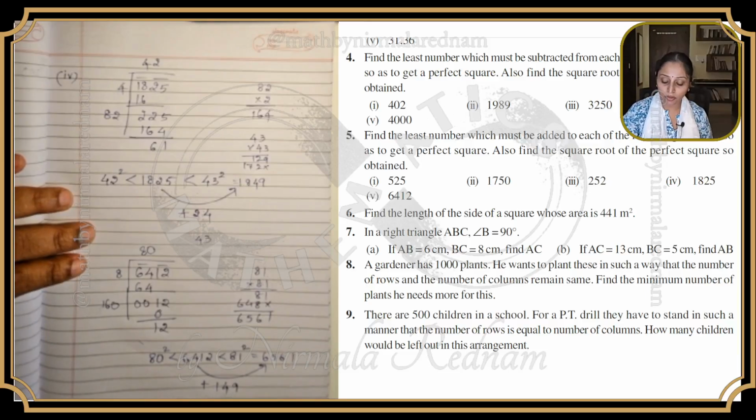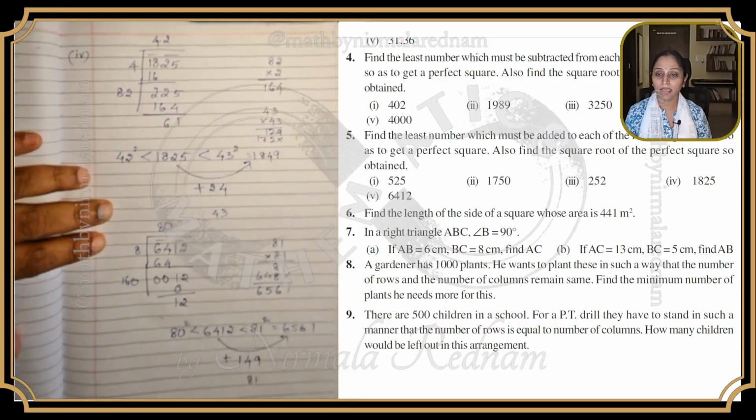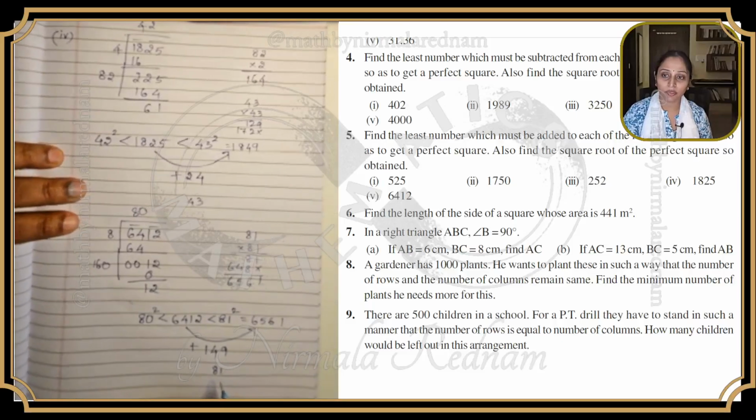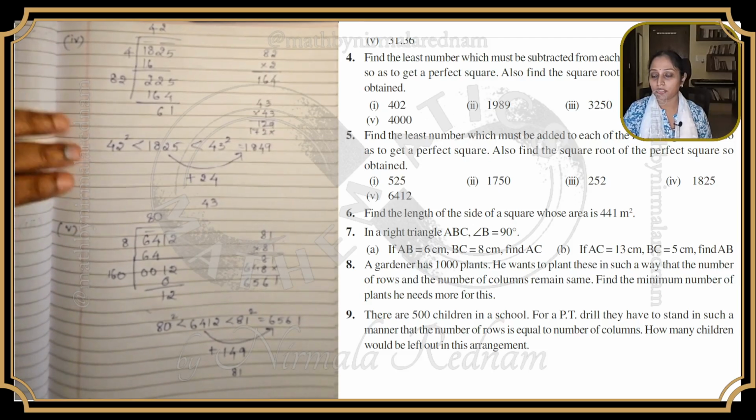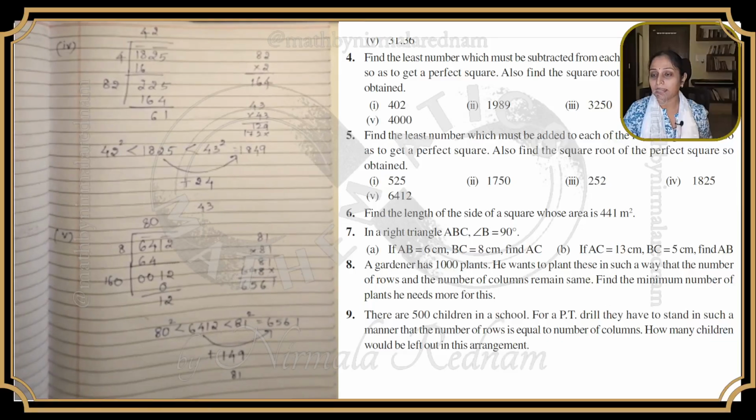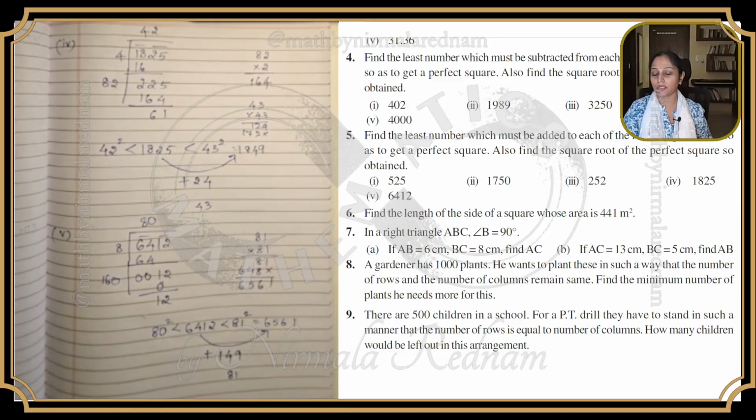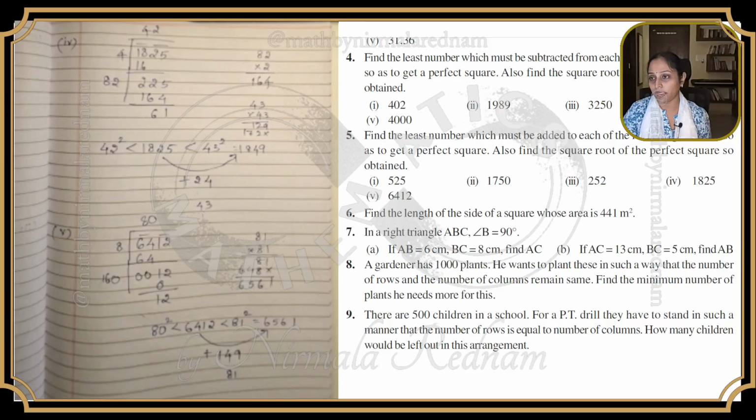And what is the square root of that perfect square? It is 81. Right. So that is about your fifth question. And the rest of them we have already solved in the previous video. Okay. So with this we complete this chapter, squares and square roots.